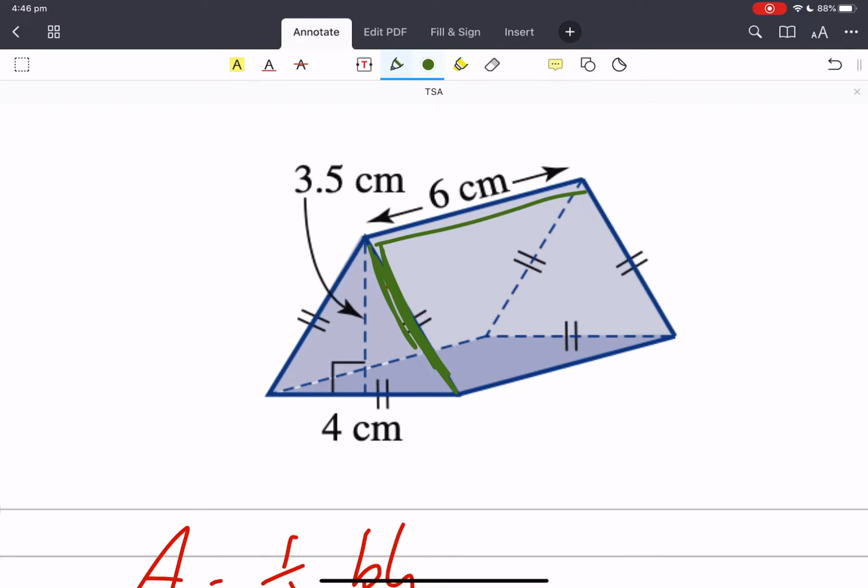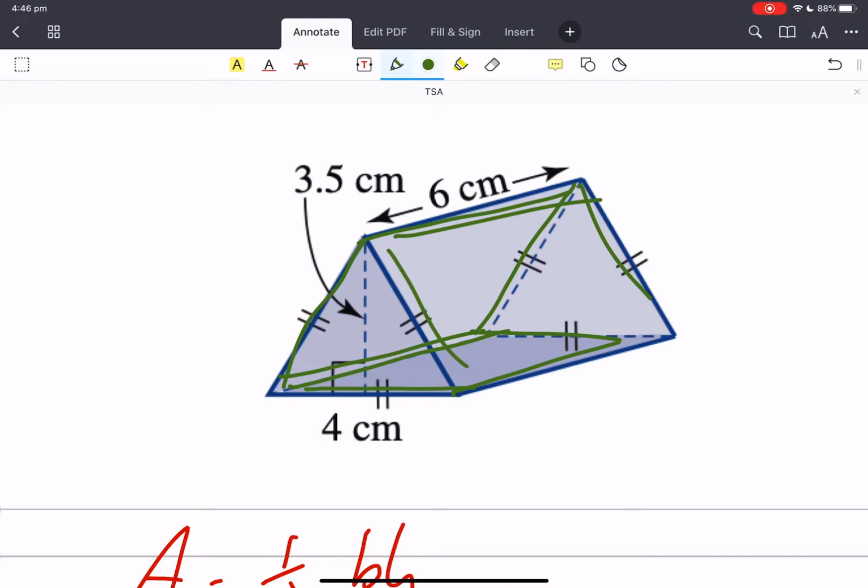We've also got a rectangle on the bottom. And I've also got a rectangle at the side, and they're all exactly the same because they're all 6 long and they all have a width of 4.